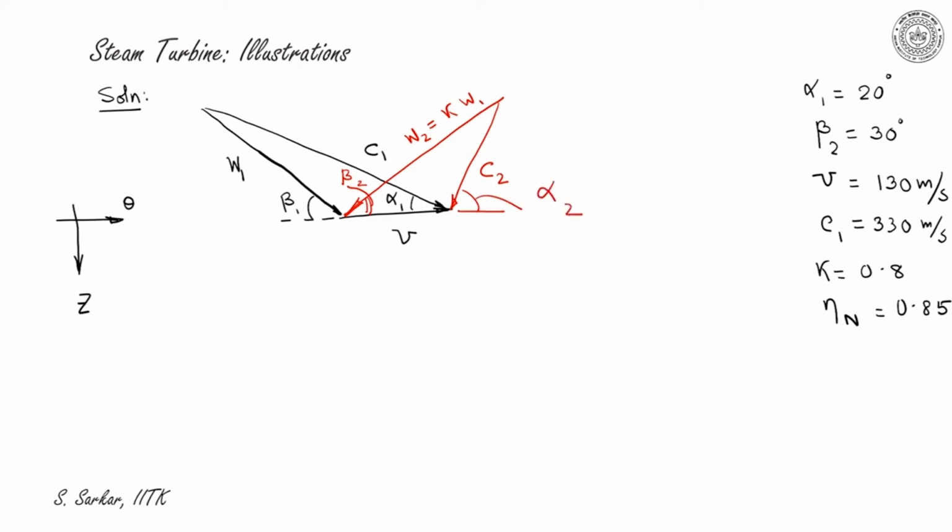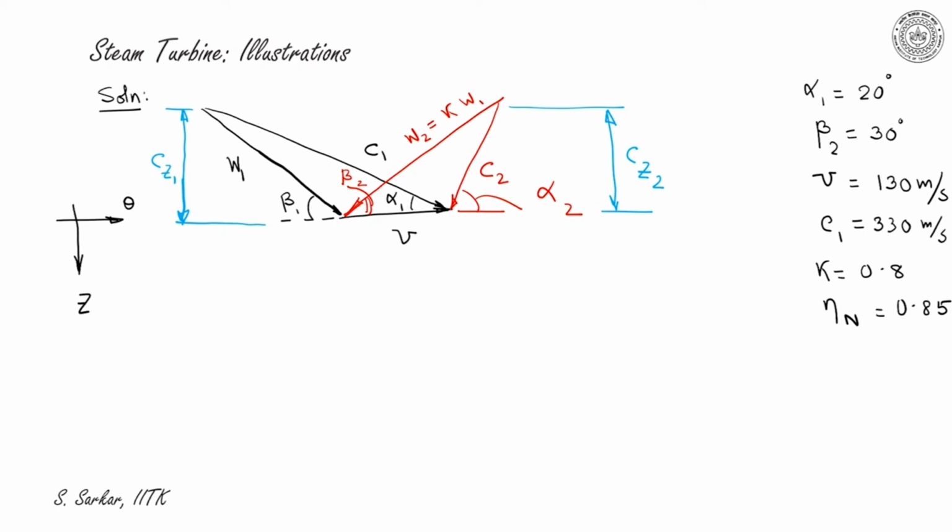Let me mark the components. This is CZ1, the axial component of C1, and this is CZ2. Now here CZ1 would not be equal to CZ2, so most probably there will be axial thrust since W2 and W1 are not equal.